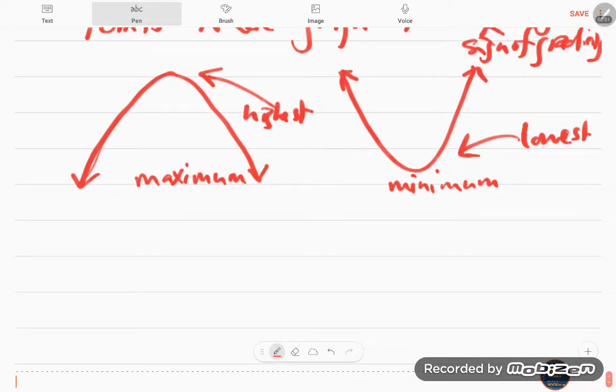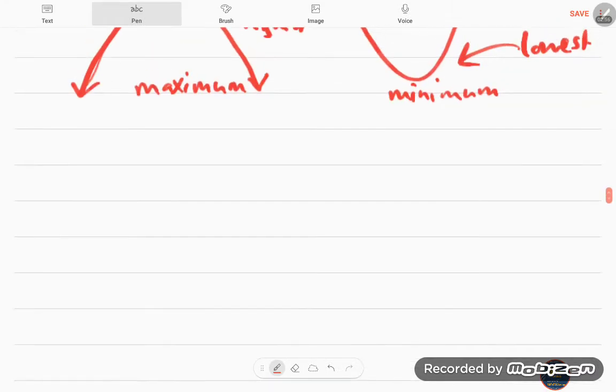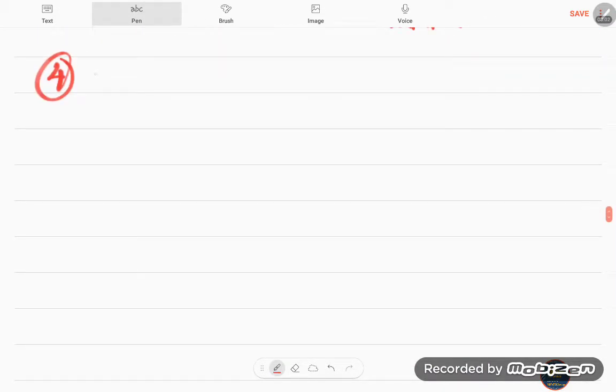And last but not least, we want to talk about lines of asymptotes.